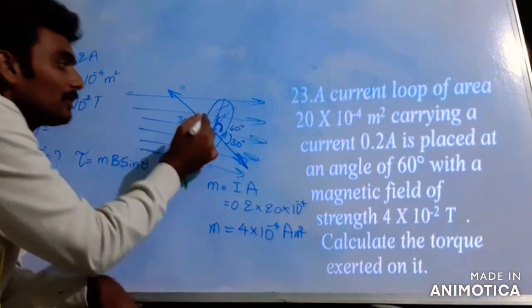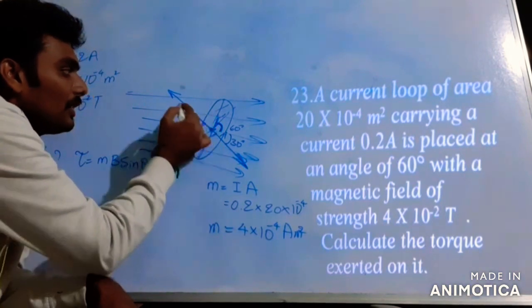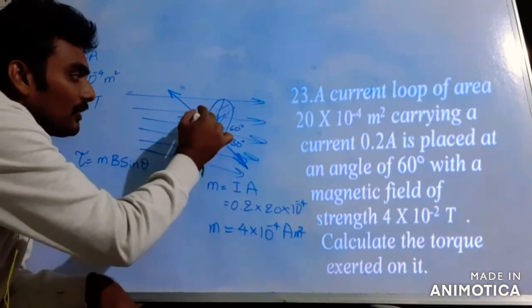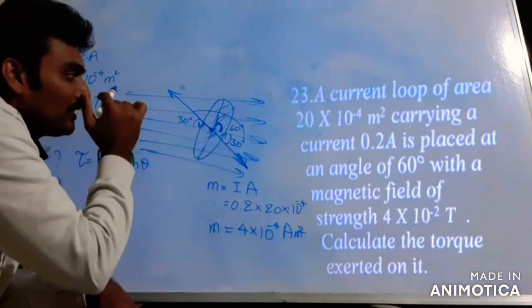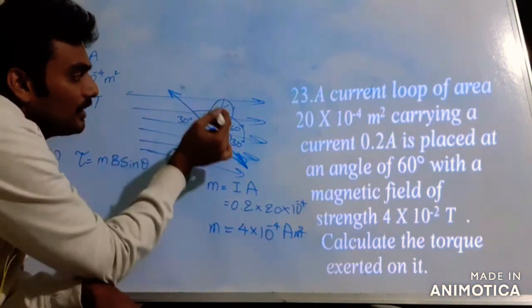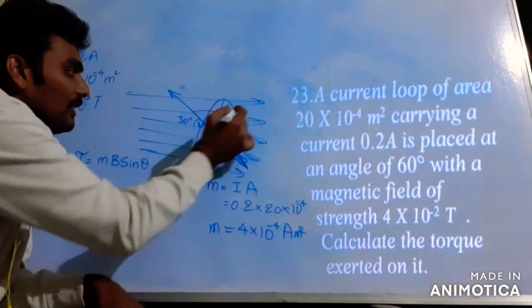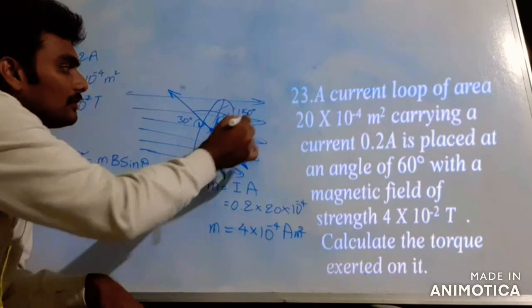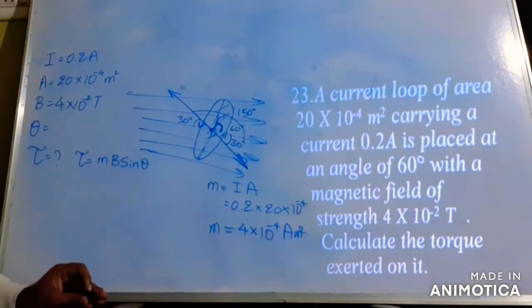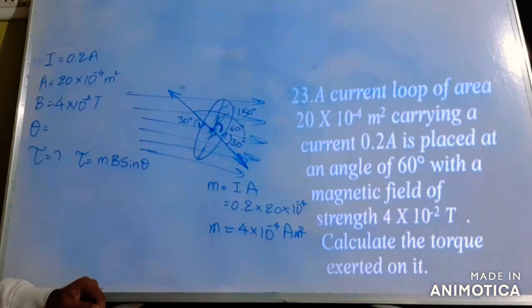Or even if you directly consider the angle between the area and the magnetic field as this whole angle, 60 plus 90, 150 degree, even if we consider that, sine of 180 minus 30, we can apply and we'll still be left with sine 30 itself.